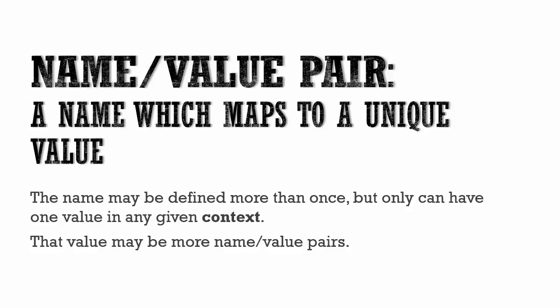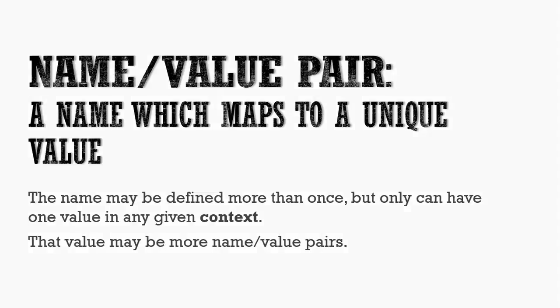So in any particular execution context, that is a section of code that is running, a name can only exist and be defined with one value. However, that value may be more name-value pairs. Okay, that sounds a little confusing, but all we're really saying is there's a name, and that name is assigned a value, but that value could be other collections of name values.